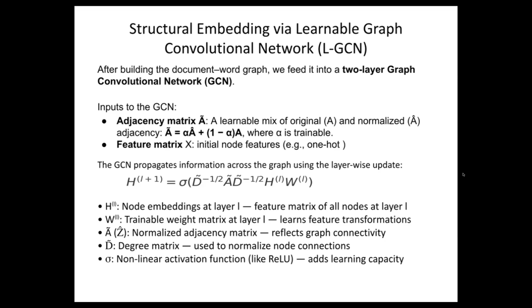After two layers of such propagation, we obtain updated node representations, and we take the embeddings of the document nodes only as a structural embedding of each document. This embedding reflects not just the document's local word usage, but also the global word co-occurrence patterns.